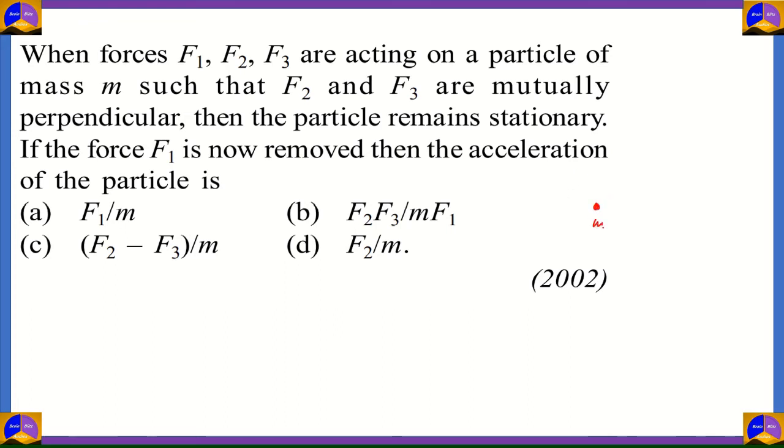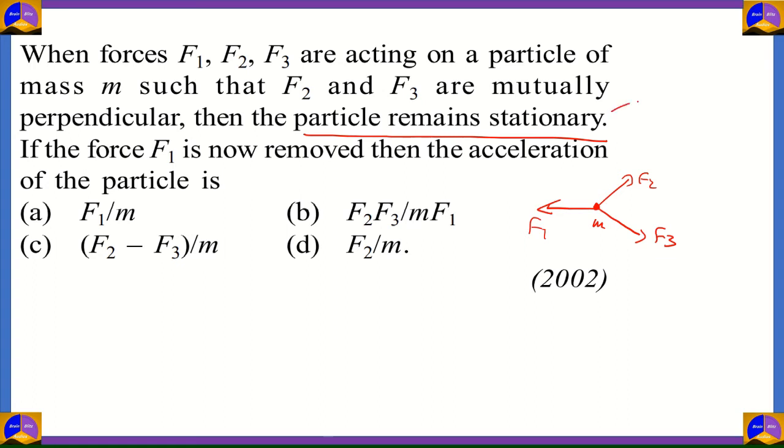We have a particle of mass m, a force F1 is acting, say, in this direction, and then you have two other forces, F2 and F3, which are acting perpendicularly. So this scenario sums up all the requirements of our question, and the most important part of this question is that the particle remains stationary when three forces are acting on it.